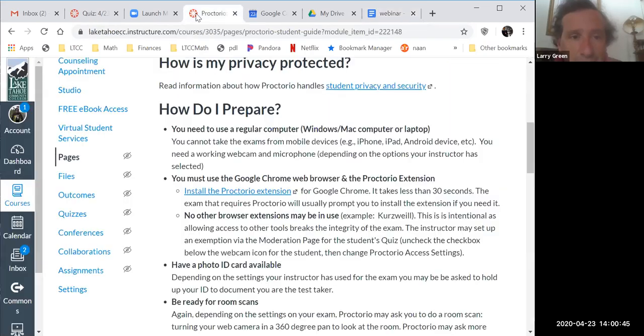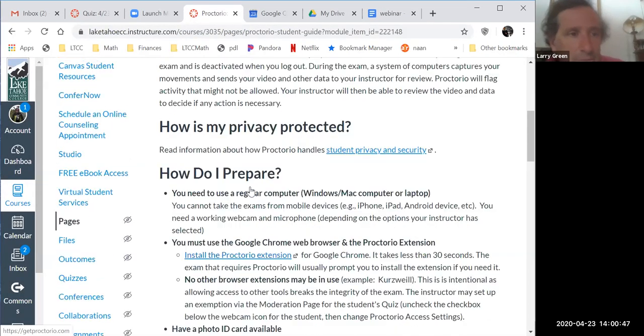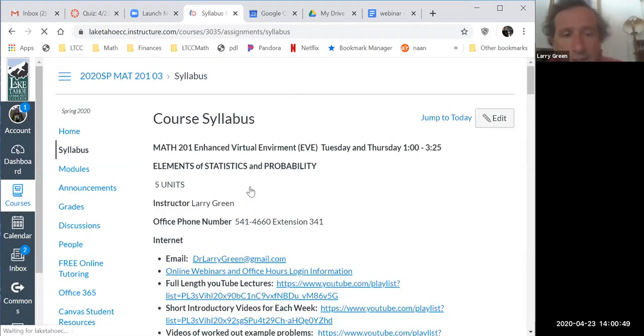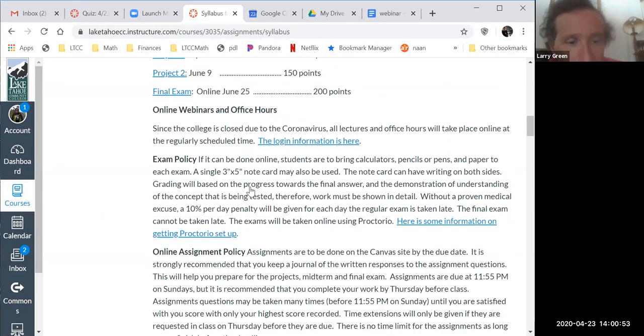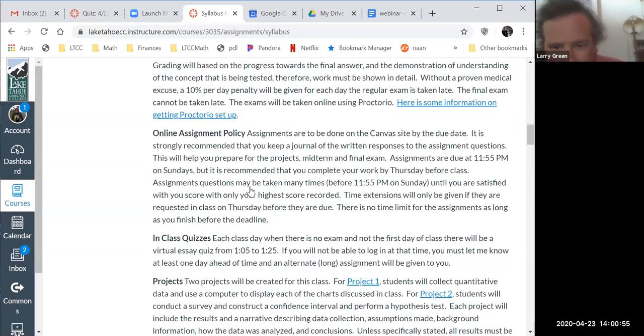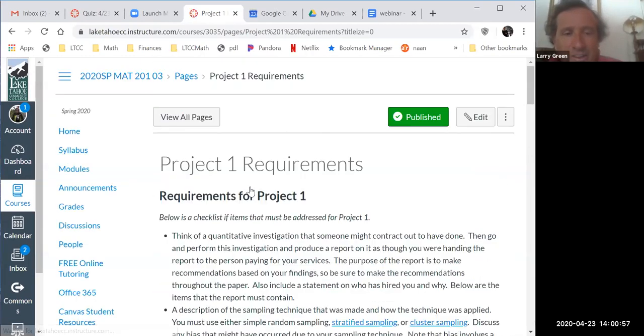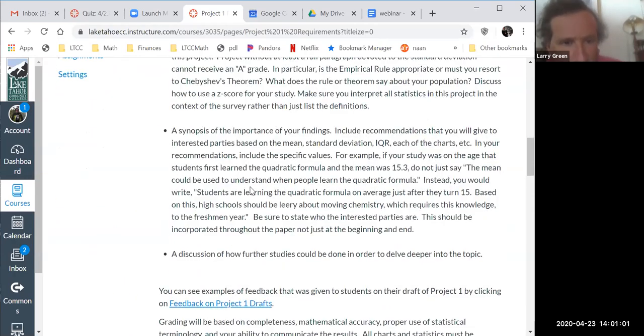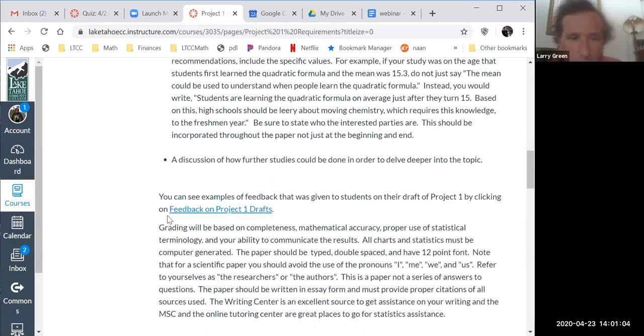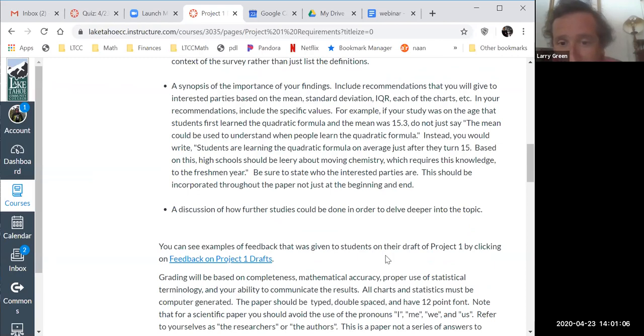I just want to mention something. A few things to look at. If we go to the Project One guidelines here, there's a link where it says you can see examples of feedback that was given to students on their draft of Project One.